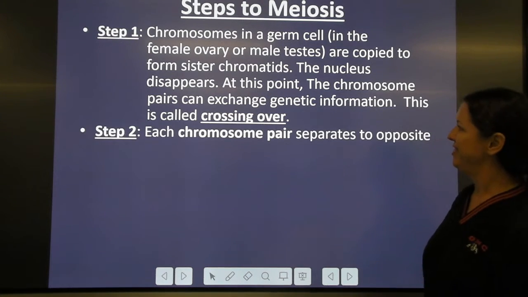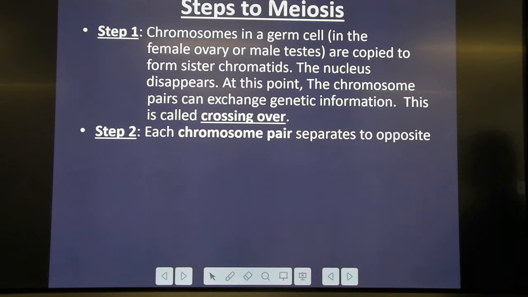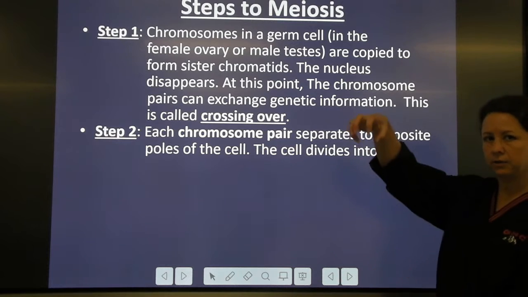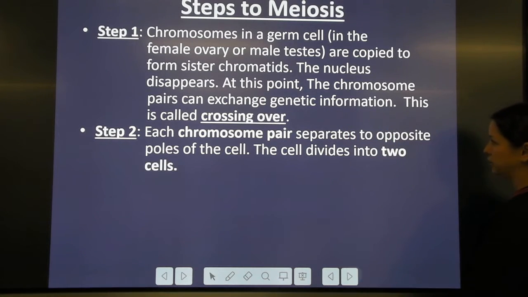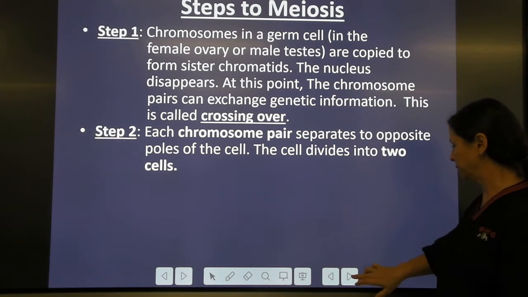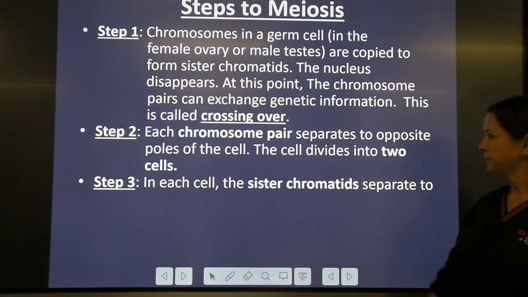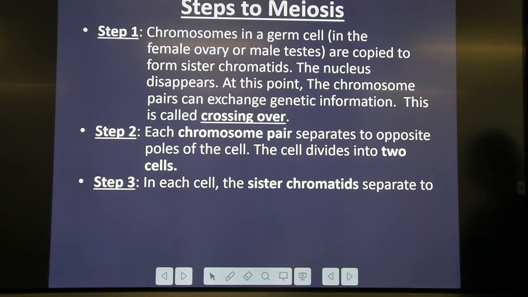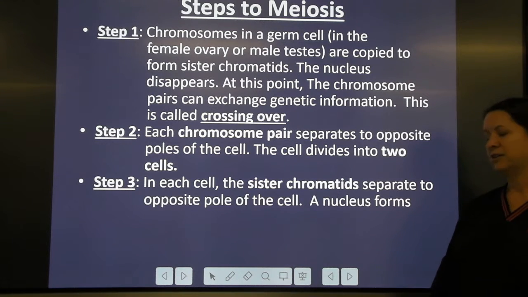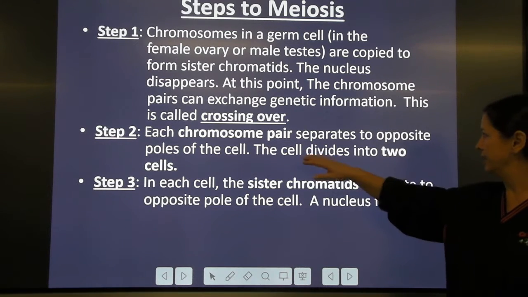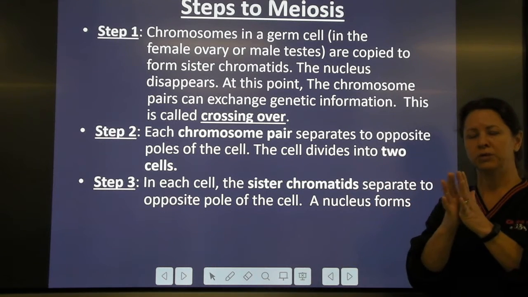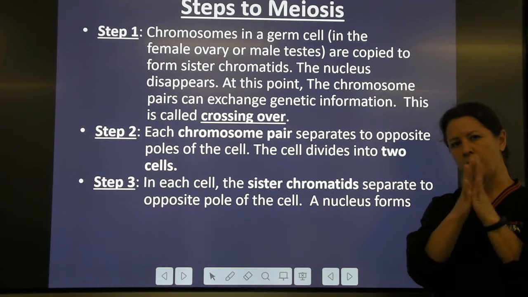All right, so then in step 2, each chromosome pair separates to opposite poles of the cell. So they separate and the cell divides into 2. Okay, so we get these chromosome pairs moving to opposite poles of the cell. Now in step 3, the sister chromatids need to separate because they're actually still stuck together. So you get 2 cells here, but you still have all these chromosomes attached to their identical copies.